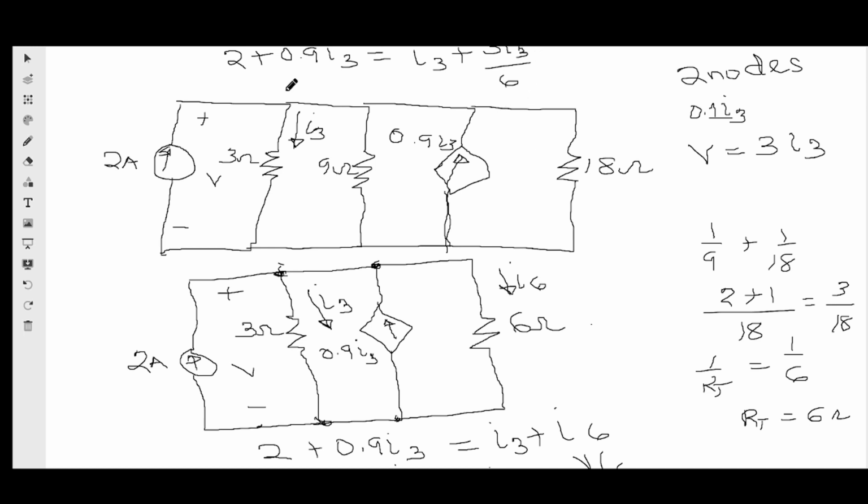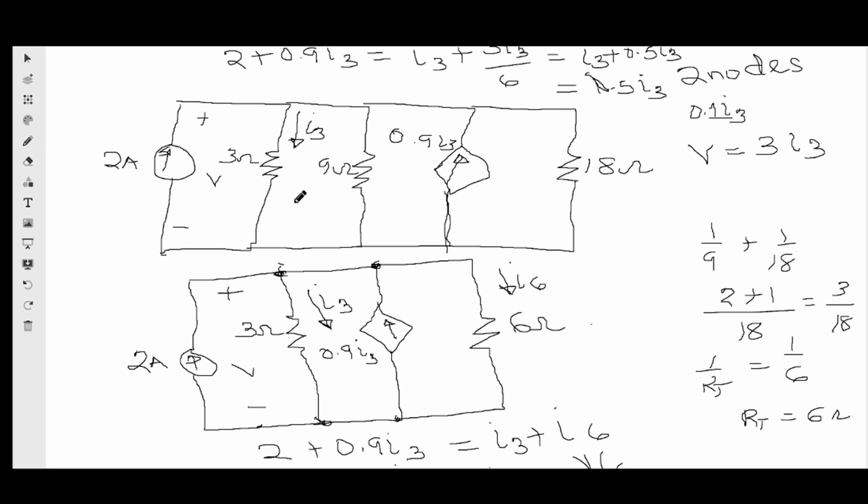In the next board, that will give me I3 plus 0.5 I3, which is 1.5 I3.